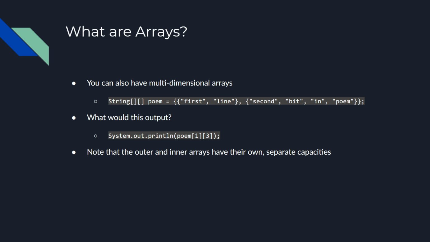But your thinking is along the right path. Does anyone else have a guess? Multi-dimensional arrays are hard. So this first square brackets is going to choose which array in the outer array.